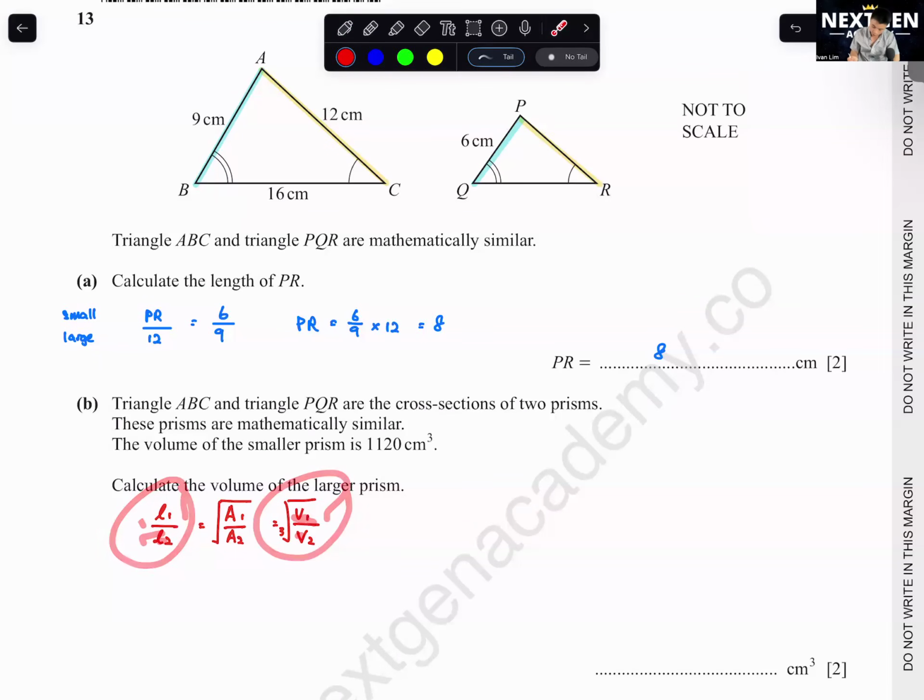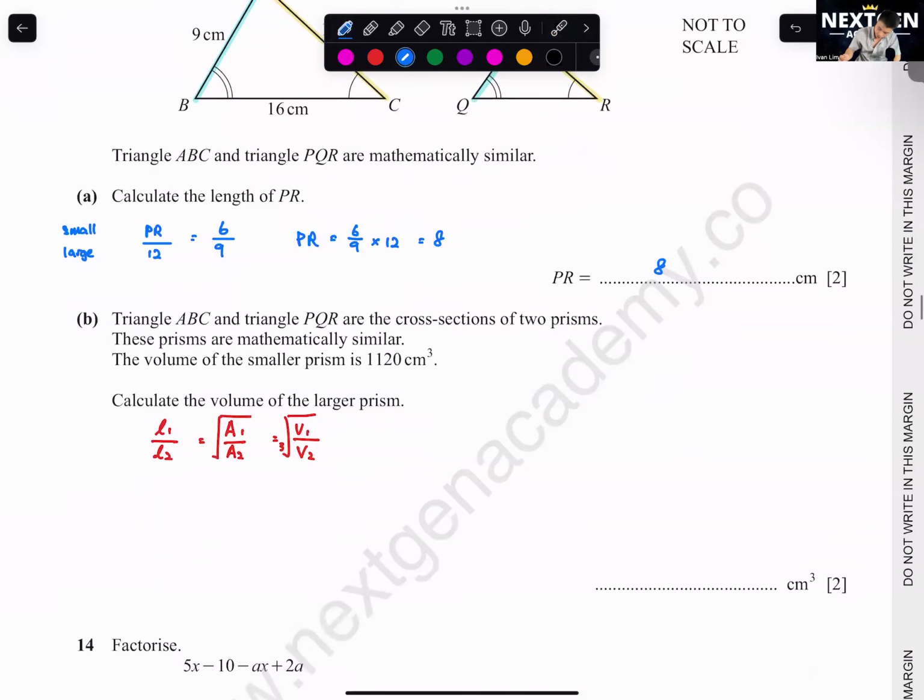What do we want to find? We want to find the volume of the larger prism. So what are the properties that we are going to use here? We got the length. We can write like that first. The large one, and then the small triangle.